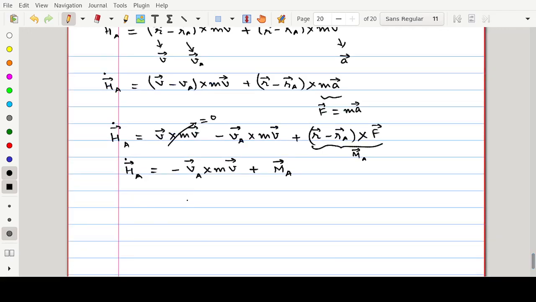But now if we want to simplify that relation, we would like to make this term 0.